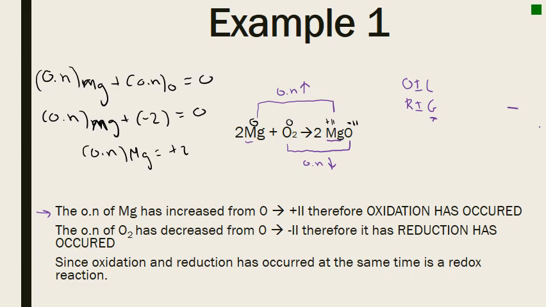So the oxidation number of O2 has decreased from 0 to -2, therefore reduction has occurred. And since both oxidation and reduction occurred at the same time, it must be called a redox reaction.